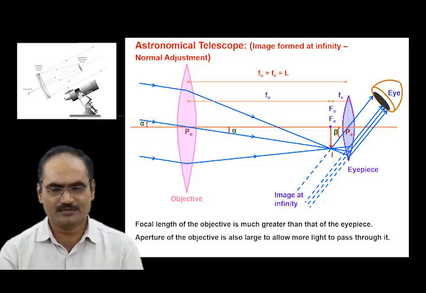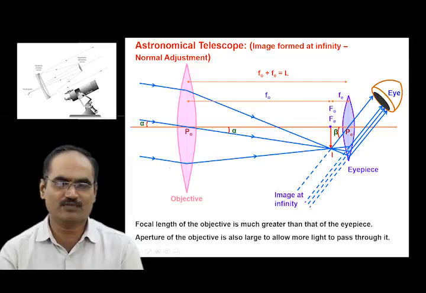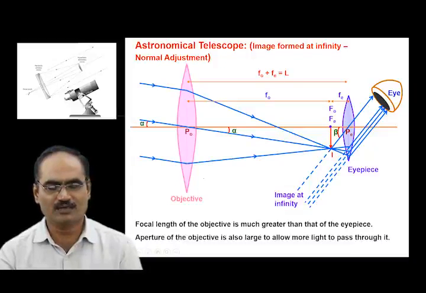Right. One thing we should know in between before that: the focal length of the objective is much greater than that of the eyepiece. So the objective must have a larger focal length than the eyepiece. Then the aperture of the objective is also larger as compared to the eyepiece, as I told you, so that it can gather more light. Suppose you are focusing on Jupiter, then it has to gather more light from Jupiter so that it forms the image of Jupiter, like this, right?